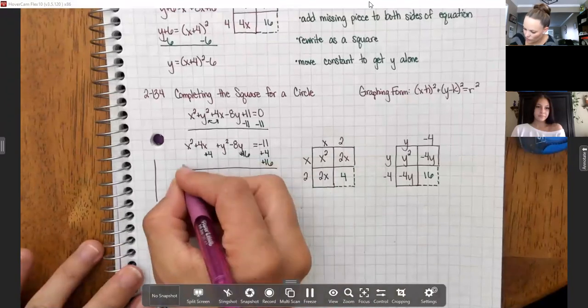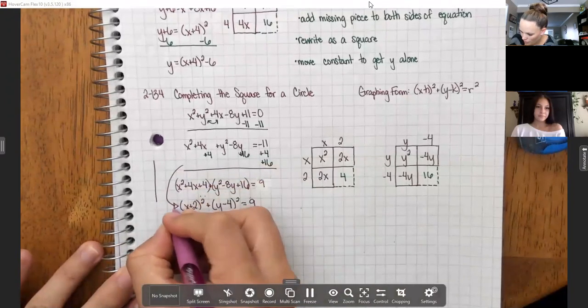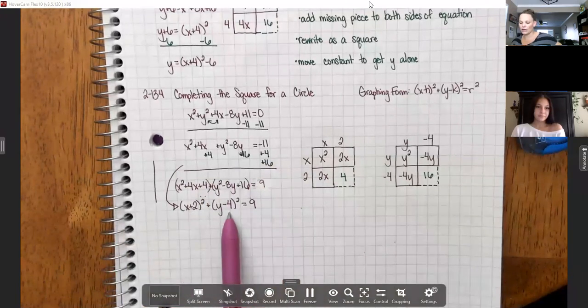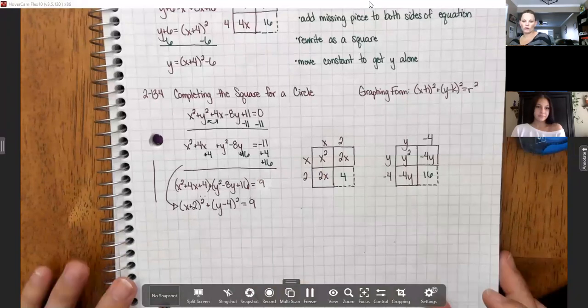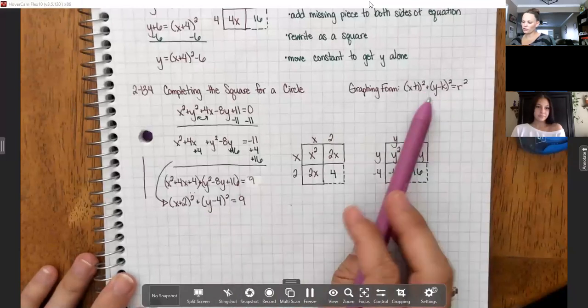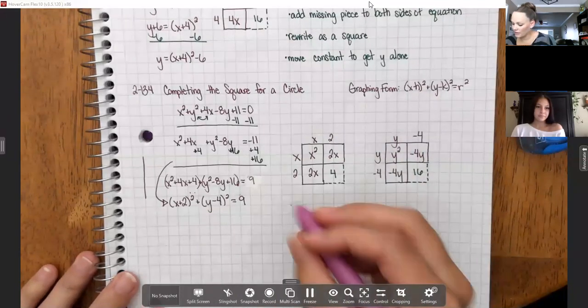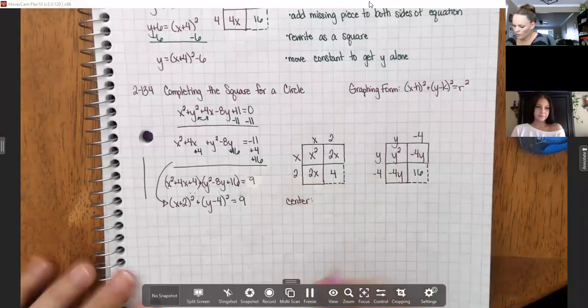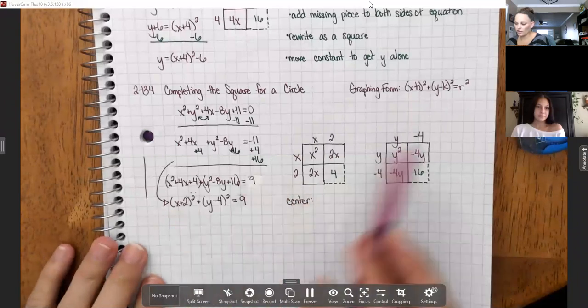So again, some of you will just come straight to here, and that's fine. The reason we added 4 was so that we can write this as a square. The reason we added 16 was to write the y's as a square. So now looking back for our circle, we know that the center is going to be at negative 2 because it's x minus h.